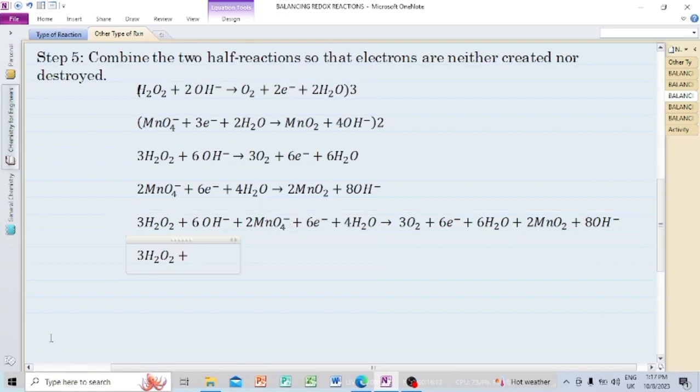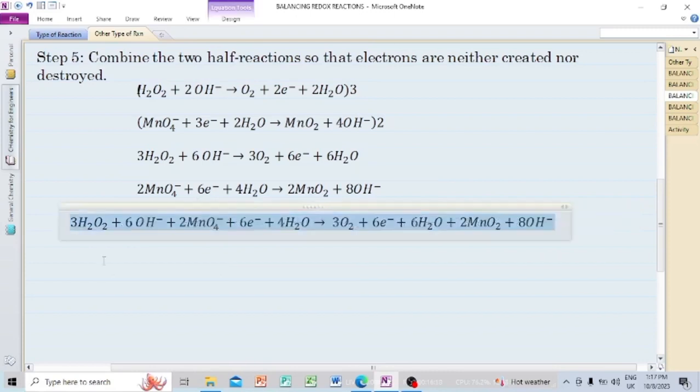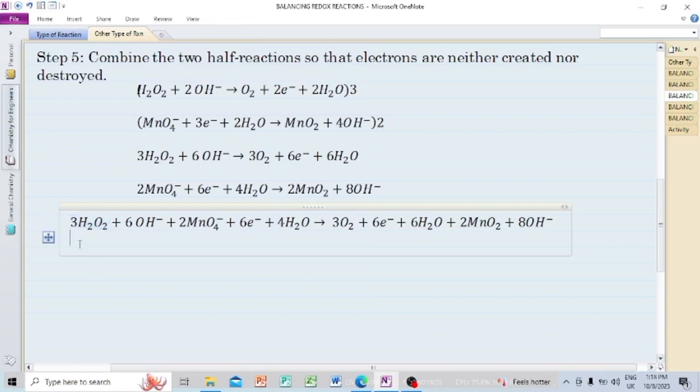I-simplify na lang muna natin para hindi kayo malito. H2O2 plus 2MnO4 negative.